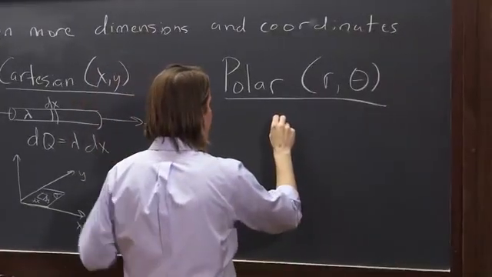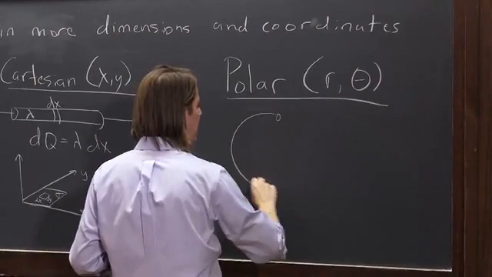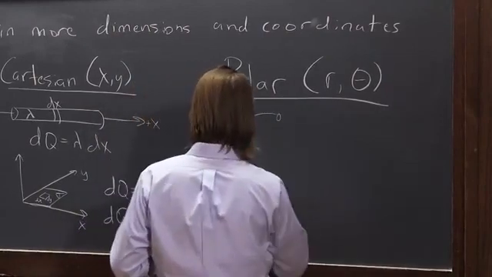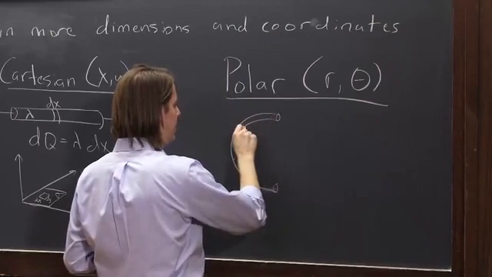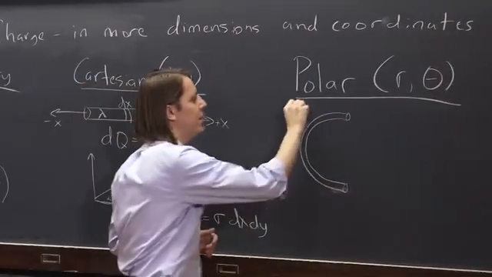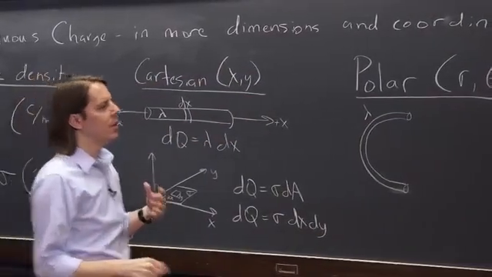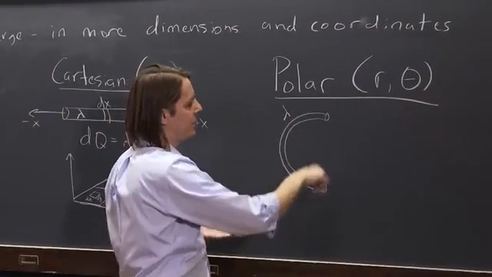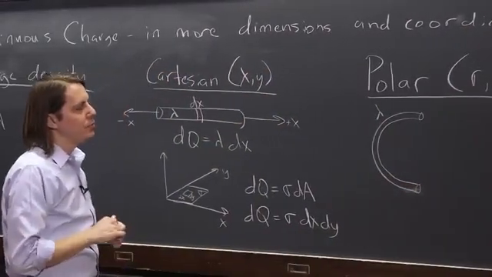If you have essentially a line of charge or a thin rod of charge that's bent into a semicircle, so say it comes down like that, and then this also goes around like that. And you're still just given lambda. It's still lambda equals the total charge on this rod divided by the length, which in this case would be half of the circumference of the circle. So this you would also treat in polar coordinates.